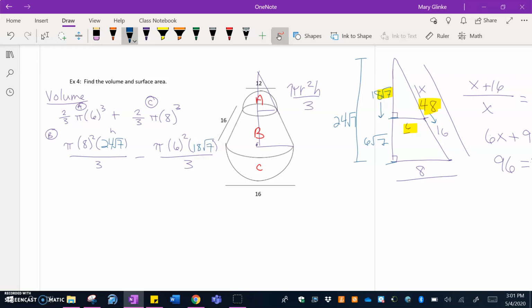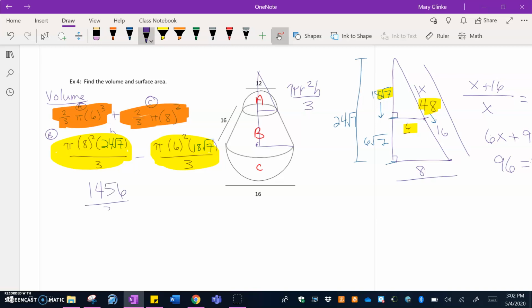And so now what we can do is combine everything and simplify it. The problem is going to be the root 7 parts. So these two terms here are going to combine nicely with each other because they both have root 7s. But they're not going to combine nicely with the other parts that don't have the root 7. So I'm going to combine the shapes I just highlighted in orange. And when I do that, I'm going to get 1456 over 3 times pi.